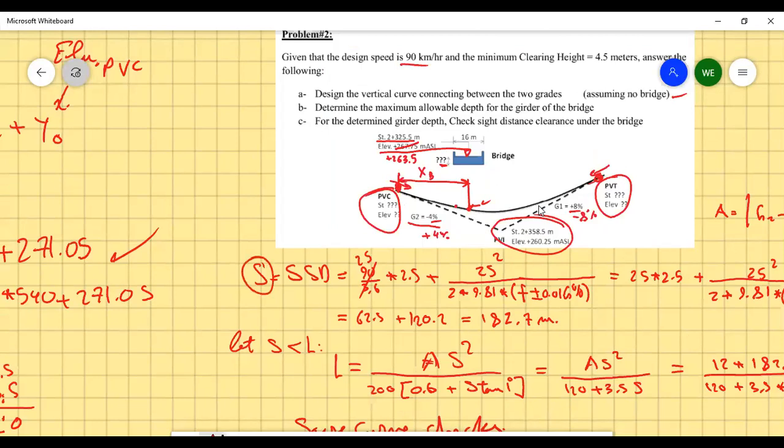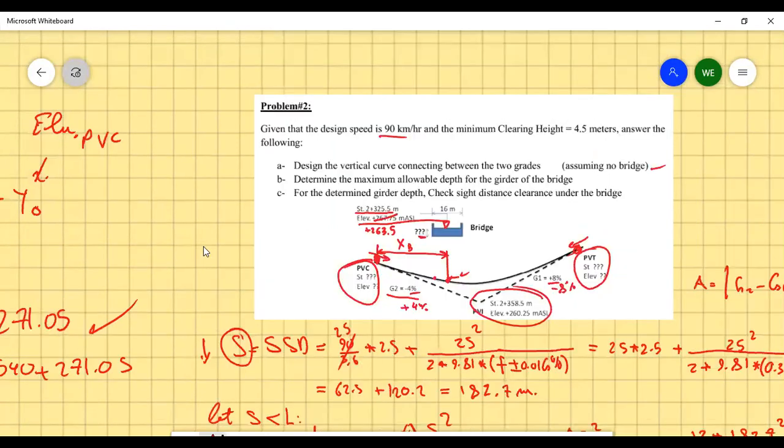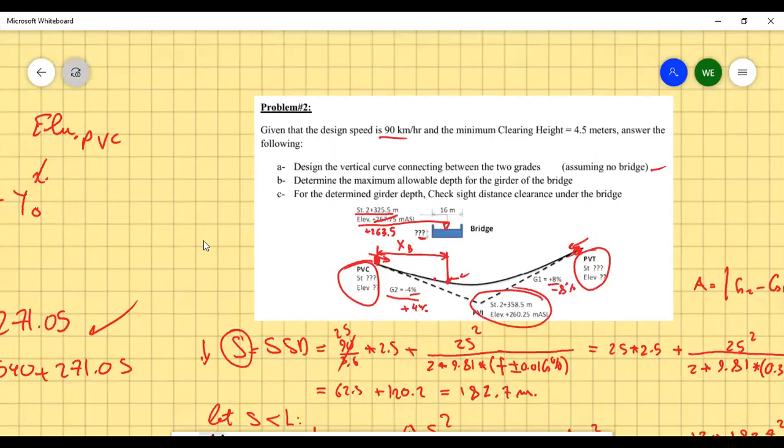How can we reduce the stopping sight distance? By reducing the design speed. Instead of having 90 kilometers per hour, we can reduce this to maybe 80 kilometers per hour to match the new length that we are gonna select. Clear, guys?